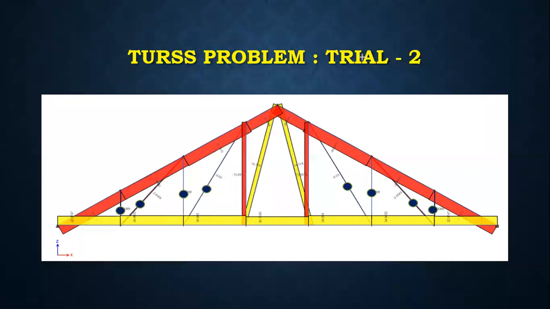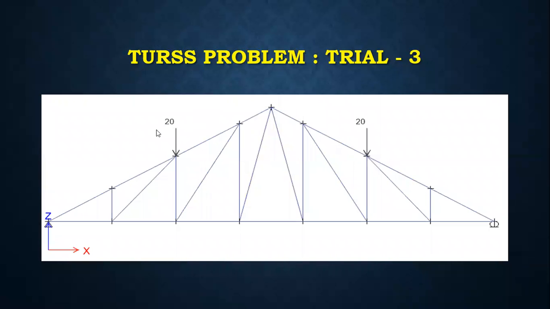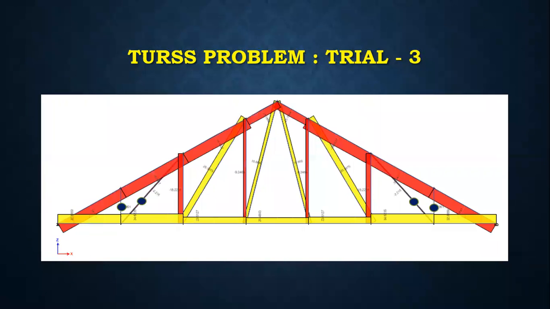Let us do one more trial. You apply the 20 kilonewton force at these two nodes or joints as shown in the figure. Can you guess now what will happen? Our load is now at these 2 points, this one and this one.